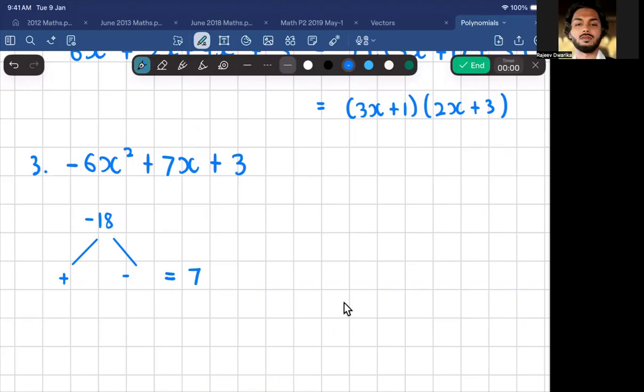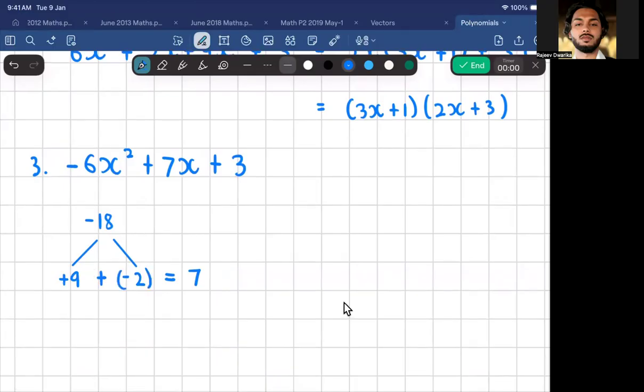What would you have to do with 9 and 2 to get 7? You can put positive 9 and the 2 will be negative. Exactly. So if I add +9 and -2, I'll get 7, because this will essentially be 9 minus 2, which is 7.